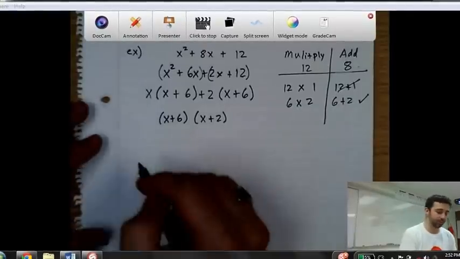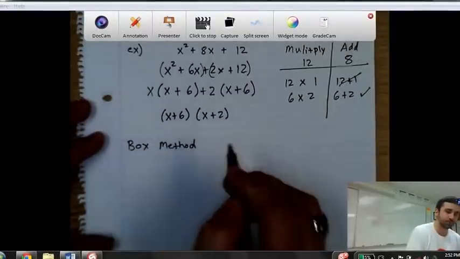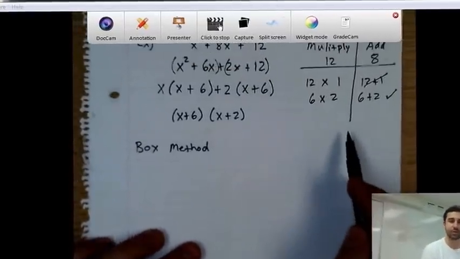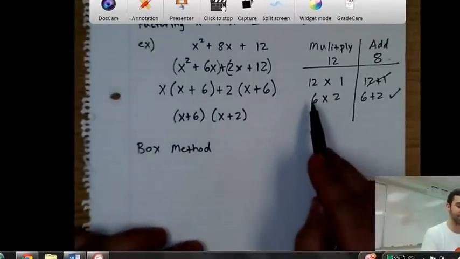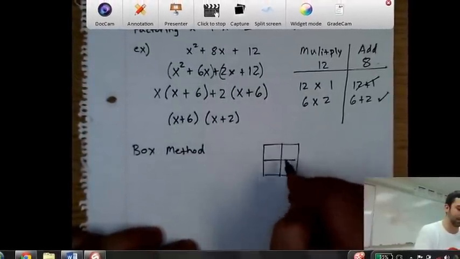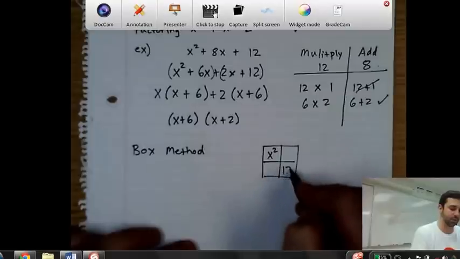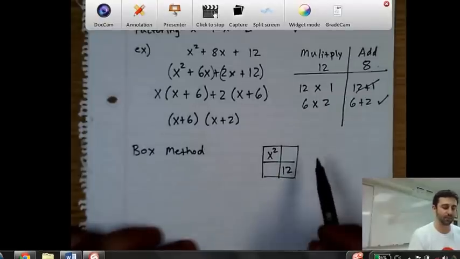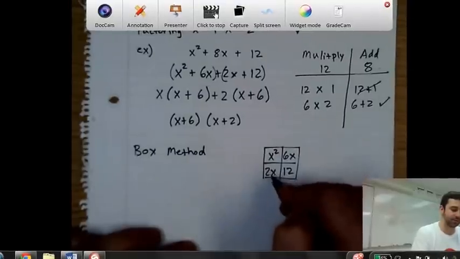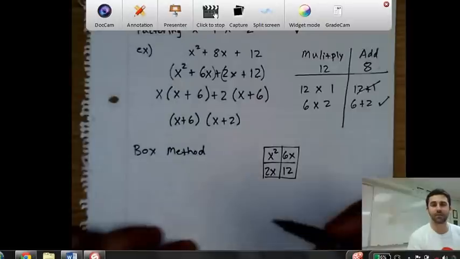Many of you will want to use what's called the box method. The box method uses the same strategy where we find the factors of 12 that add to give us 8, but we display it in a graphical representation of a box. So I rewrite x squared and 12 in the final box, and then I use 6 and 2 to break up that 8x, and then using each row and column I find the greatest common factor.